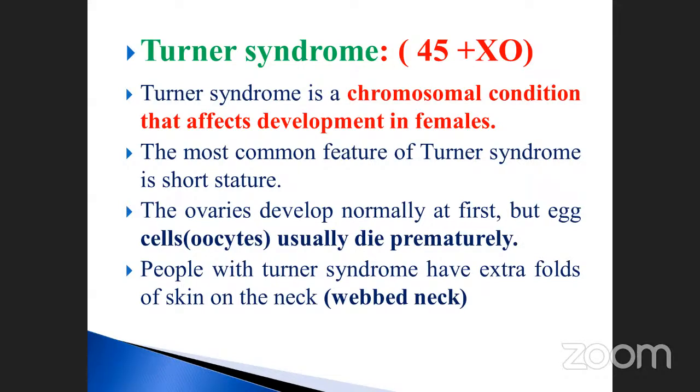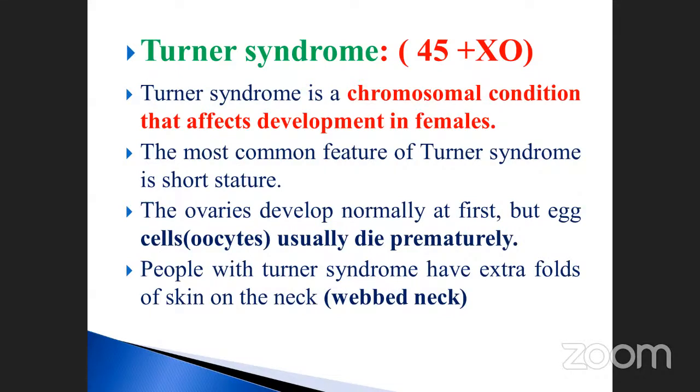The ovary develops normally at first, but egg cells, oocytes, usually die prematurely. That condition leads to sterility in the female. Don't forget, my dears. The ovary develops normally at first; after that, the egg cells, oocytes, usually die prematurely.